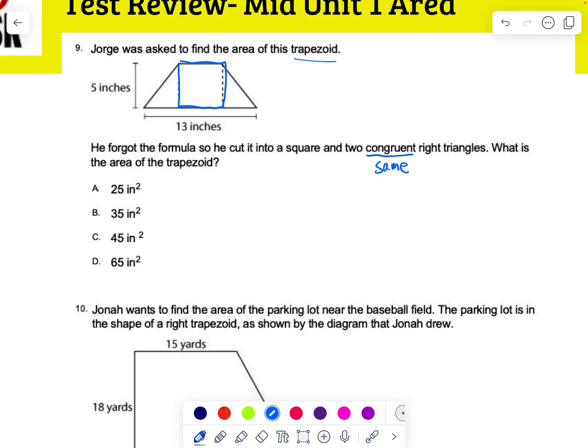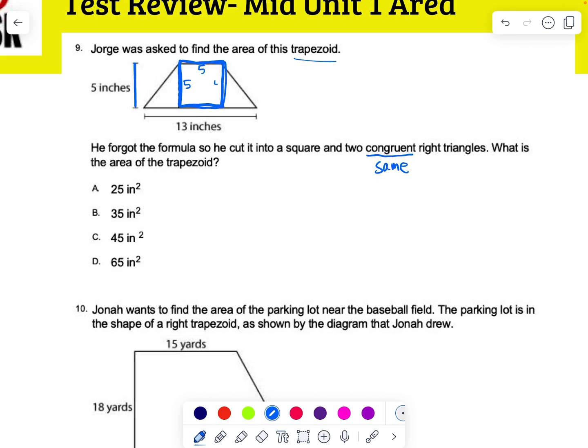There's one important thing here that I need to remember. If this is a square, and I know that from here to here is 5, that also means here to here is 5. So if this is 5 and this is a true square, then the length of every side of the square is the same.